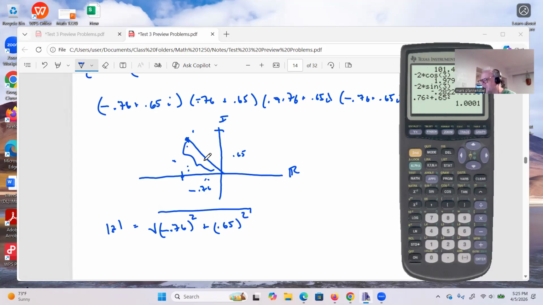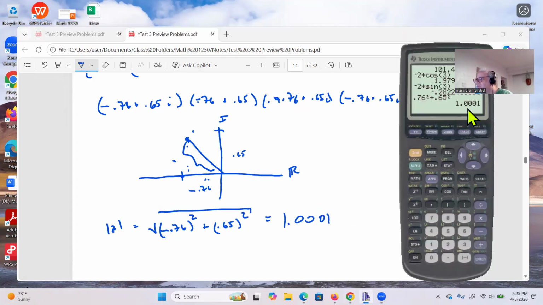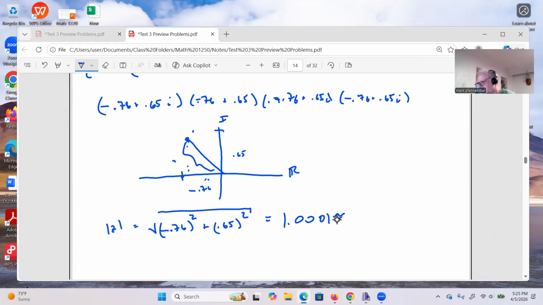Okay, it's about 1.0001. Now we have to take the square root of this, so second function square root, second function answer, and I end up with 1.00045939. So we're going to call this 1.